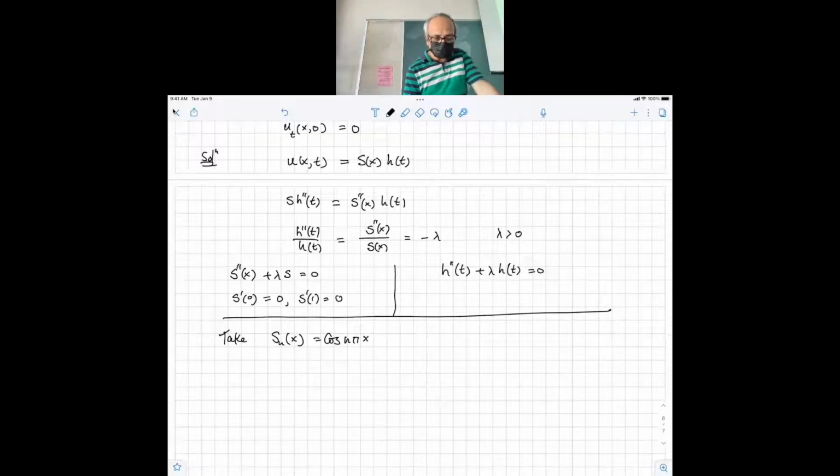So the solution now, because in the heat equation I had e to the power minus lambda t for the time dependent part. So this time I have not solved for the time dependent part, but maybe I can write it down as a sum from n from 0 to infinity, and maybe I will also get an eigenfunction for this second order ODE in time, which is h n of t, times cos n pi x.